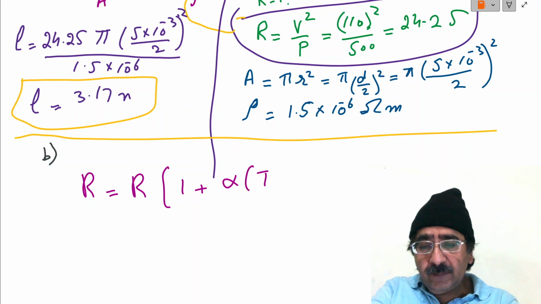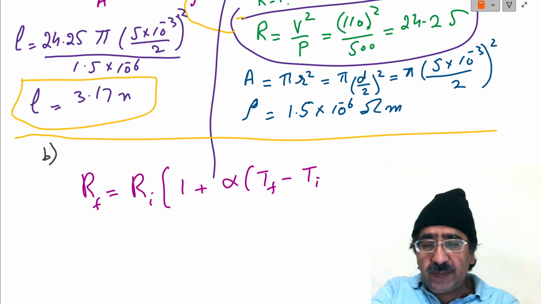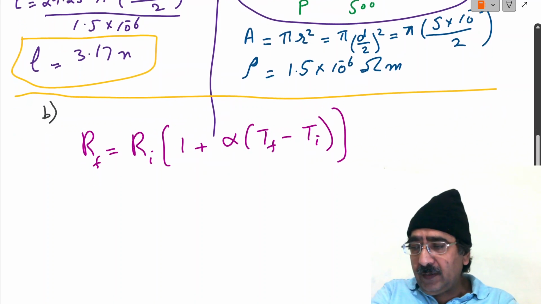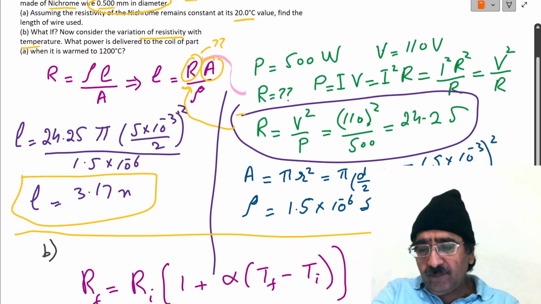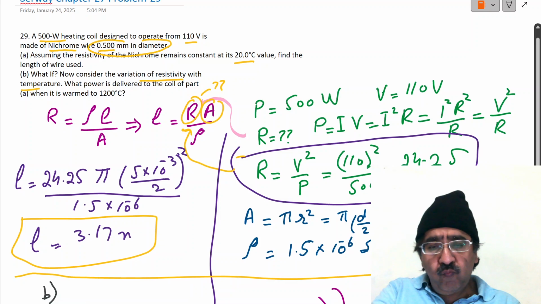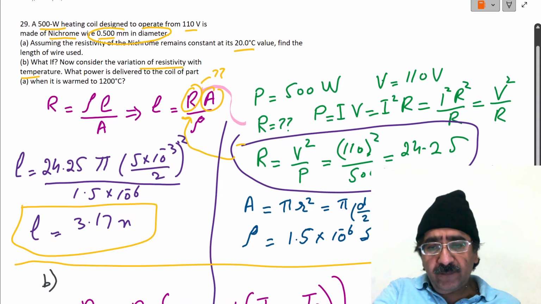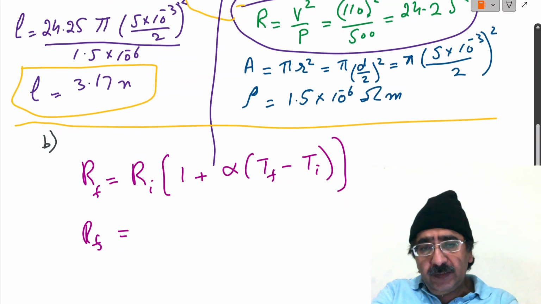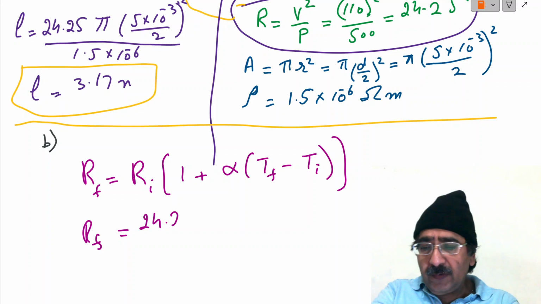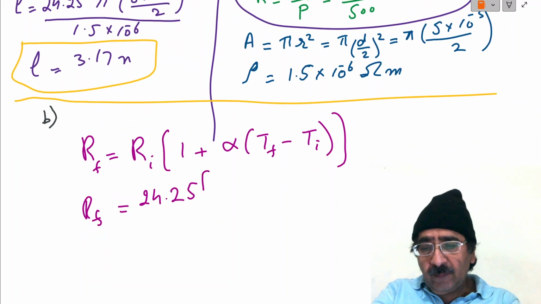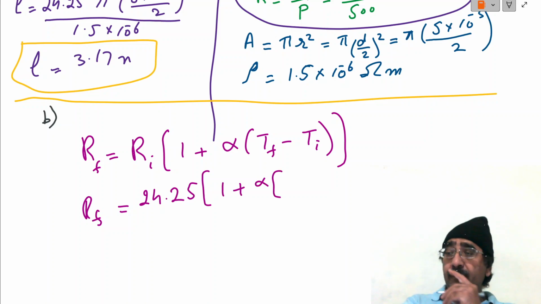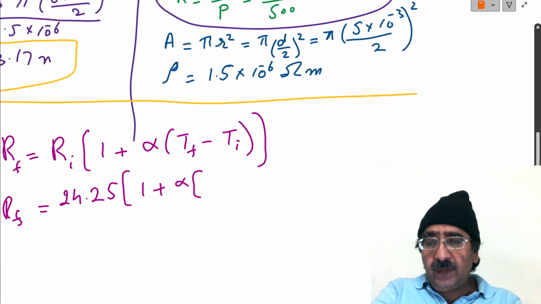The final R is equal to Ri, which I have already found, 24.2, times 1 plus alpha times the change in temperature, Tf minus Ti.